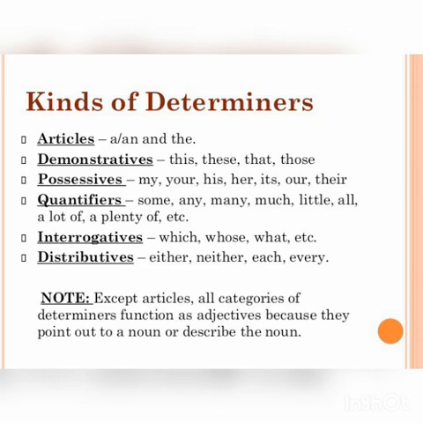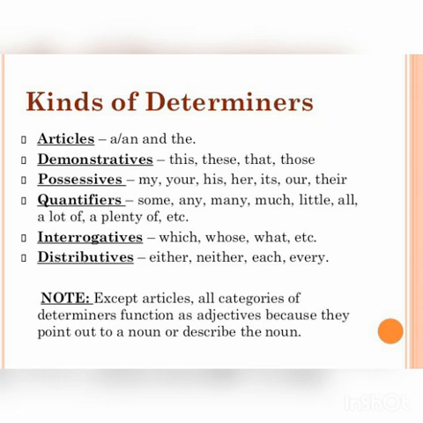Fourth kind of determiner is quantifiers: some, any, many, much, little, all, a lot of, a plenty of, etc. Fifth kind of determiner that we have is interrogatives. The words which ask a question like which, whose, what, etc. And the sixth kind of determiner that we have is distributives: either, neither, each, every.